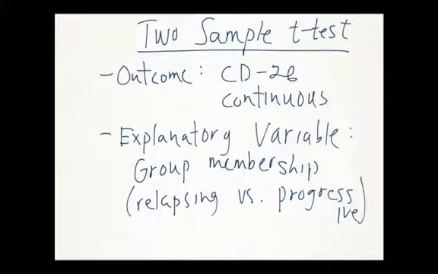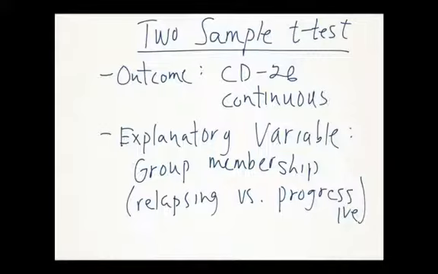Okay. So how would we answer this question of whether these two groups, relapsing and progressive, vary on this continuous outcome of interest? Well, we'd collect a sample from each group.